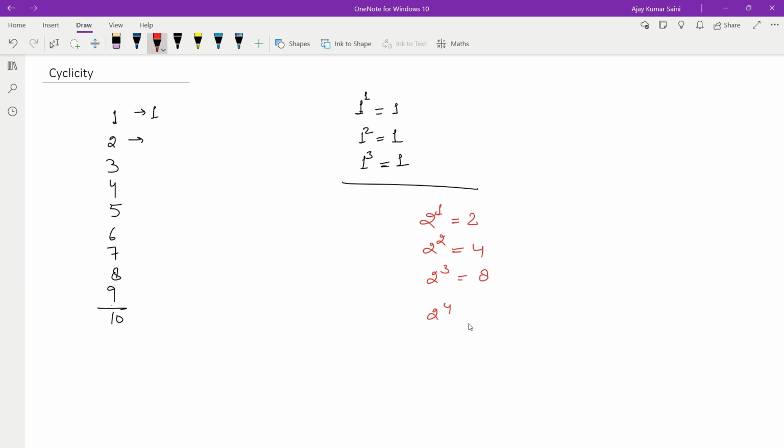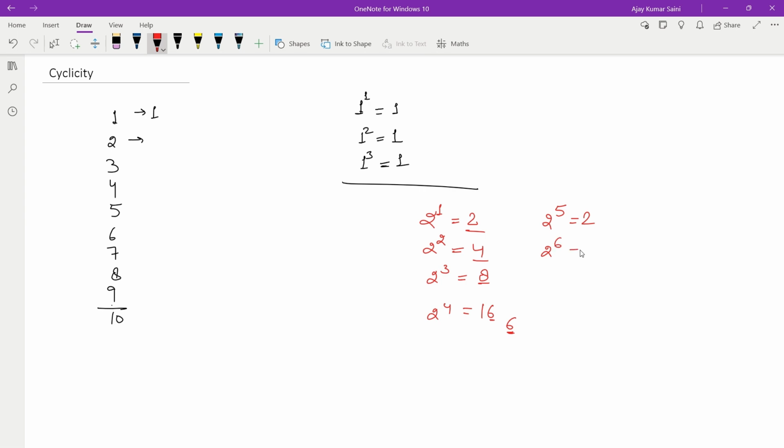If the power of 2 is 4, it is 16, last digit is 6. Here we see only the last digit. If the power of 2 is 5, it is 32, and the last digit is 2.